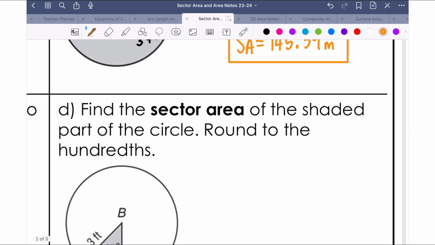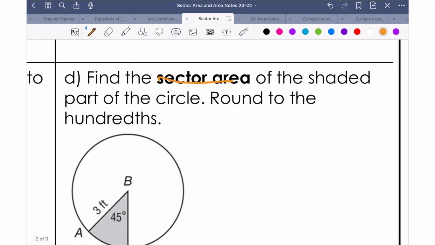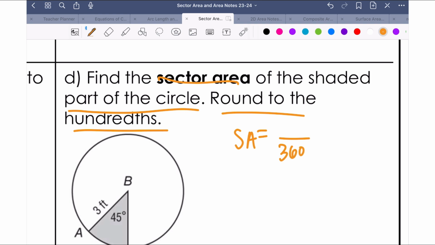All right, next one. Find the sector area of the shaded part of the circle. Round to the hundredths. Sector area equals your portion out of 360 times pi radius squared. What portion are we looking at? We're looking at the shaded area, so that's 45 degrees out of the full 360 of a circle.